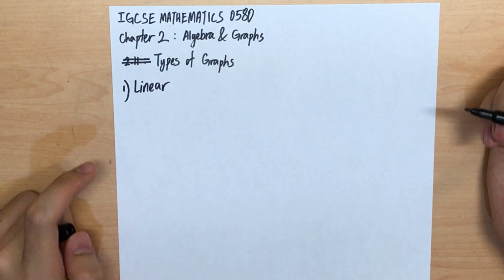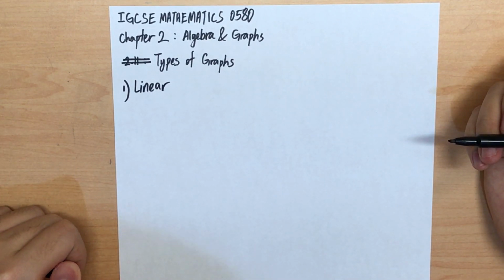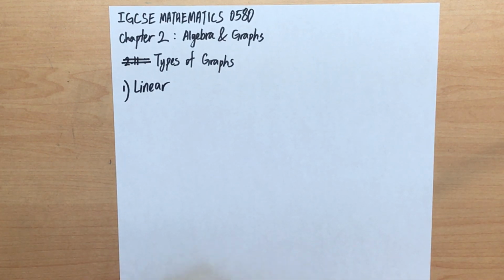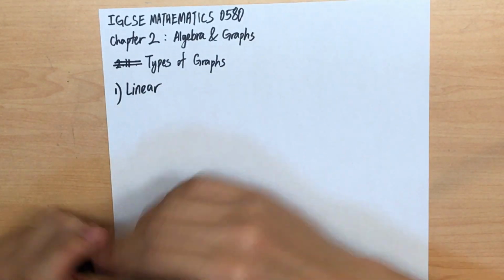The second type is the quadratic, followed by cubic, reciprocal, and exponential. What we'll be covering is based on this general equation.